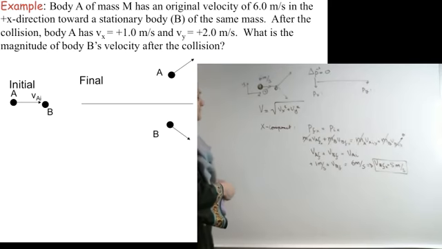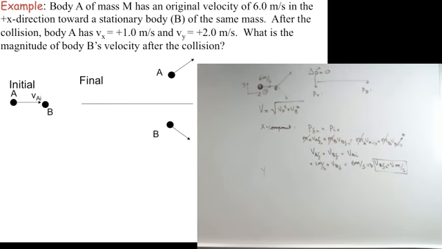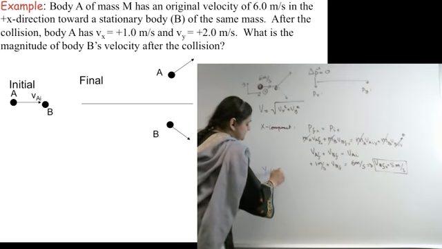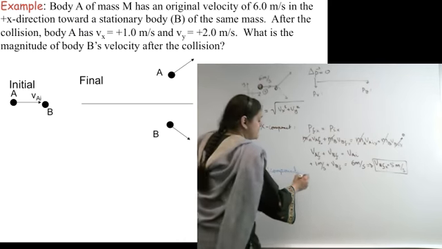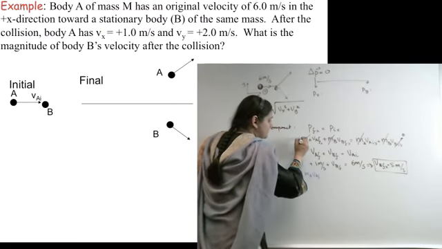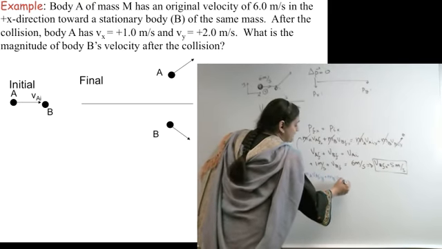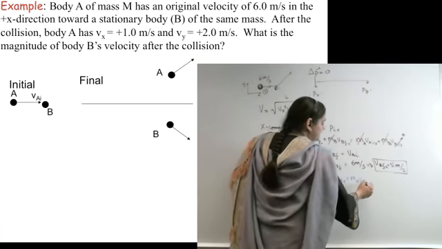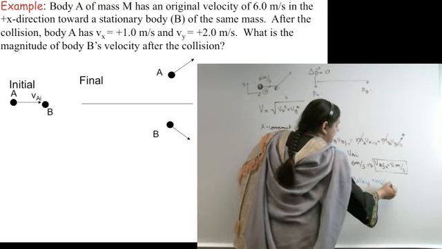Now, what about the y component? Well, the y component is exactly the same. For the y component we have the same thing, MA VAF y plus MB VBF y equals MA VA initial y plus MB VB initial y.